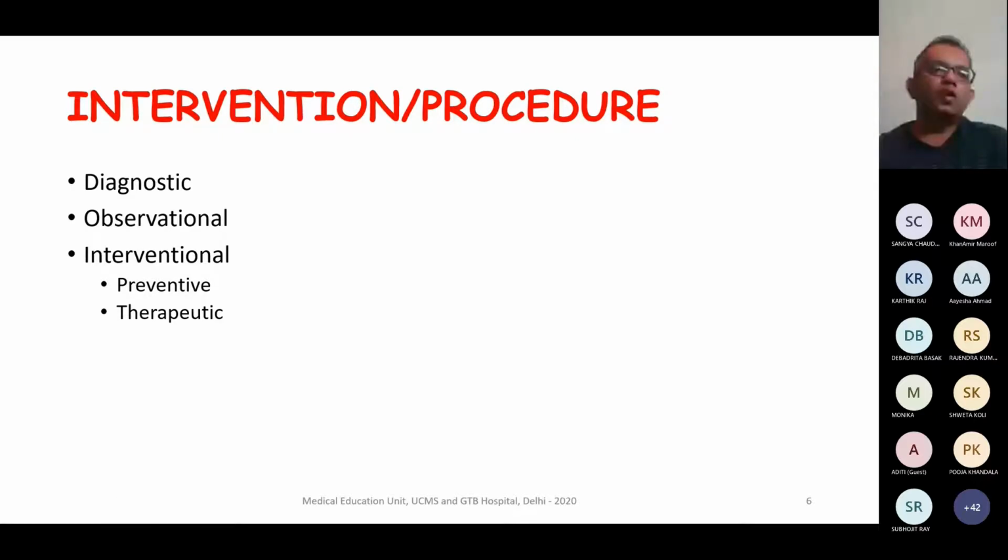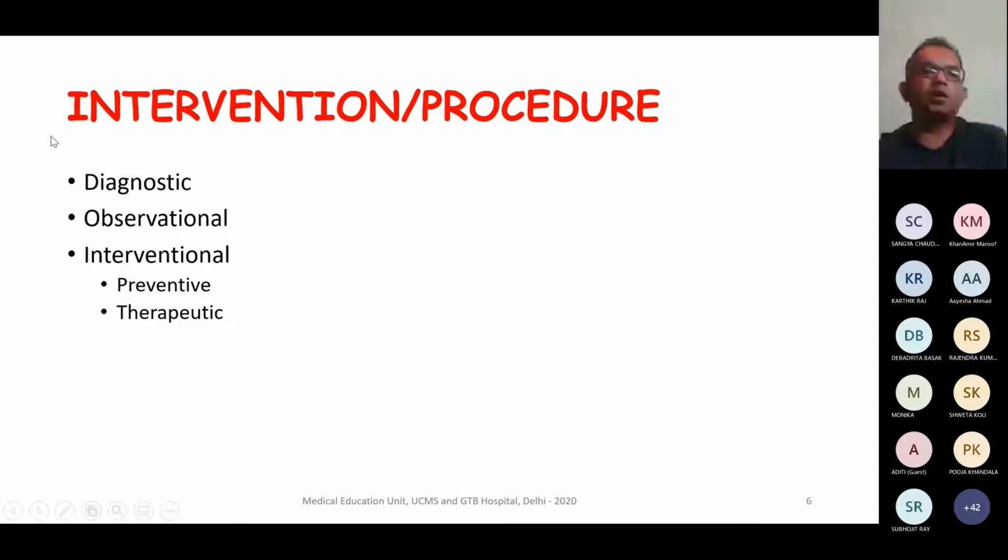Then you move on to describe what kind of intervention or procedure you will be following. Depending upon your study design, your intervention or procedure may be a diagnostic one. Suppose you are comparing ultrasound with CT for diagnosing appendicitis, or comparing per abdominal ultrasound or TVS to diagnose an ovarian tumor, looking at which has more sensitivity and specificity.